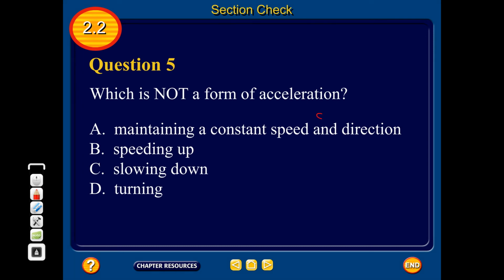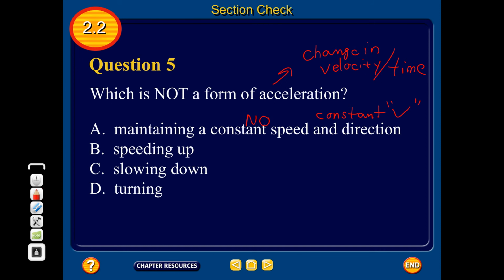That means we have a constant velocity, which means, am I changing velocity? Acceleration is a change in velocity divided by time. But even if you just remember change in velocity, that's a change in velocity, okay? So if I maintain a constant speed and direction, am I accelerating? No. It is not accelerating.